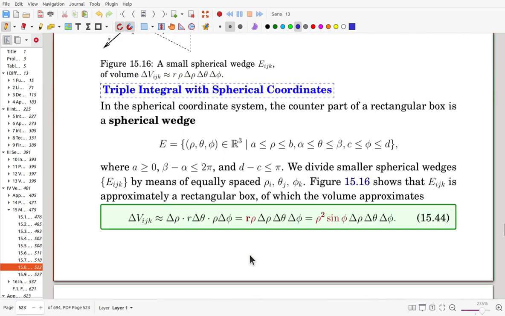And eventually the volume for the ijkth spherical wedge, we have this formula: rho squared sine phi, delta rho, delta theta, and delta phi. So it is the scaling factor between rectangular coordinates and spherical coordinates.